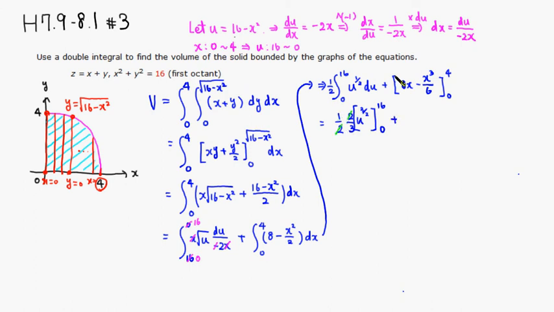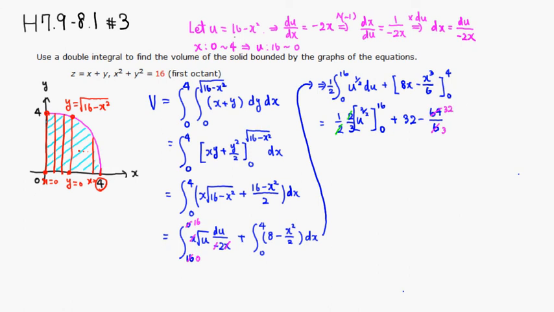And here, we plug in 4: that's 32, minus, plugging in here, 4 cubed is 64, divided by 6. Plugging in 0 gives 0, so I'm not going to write that down. It's divided by 2, so it's a 3 here and a 32 there.